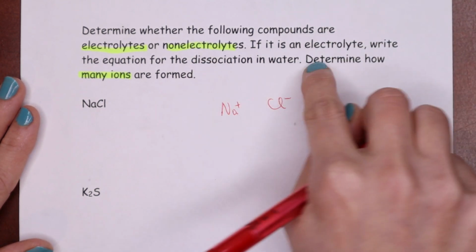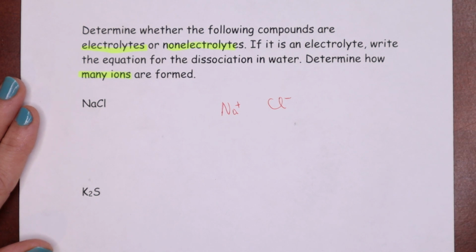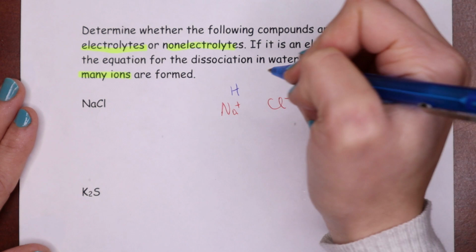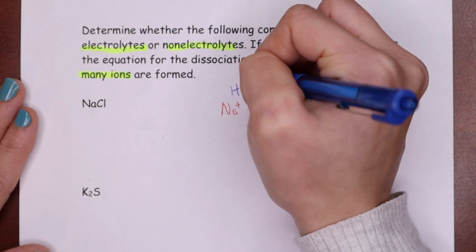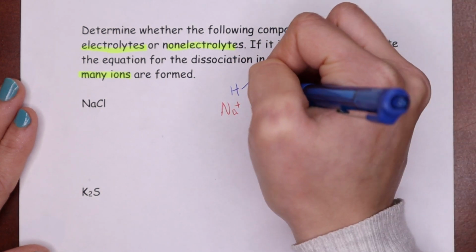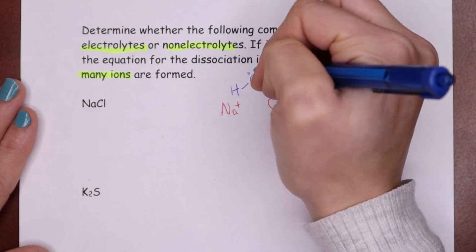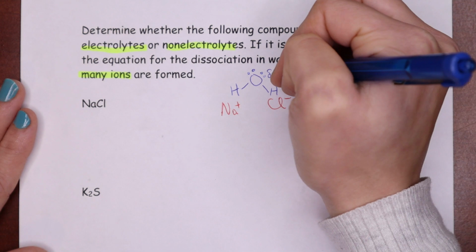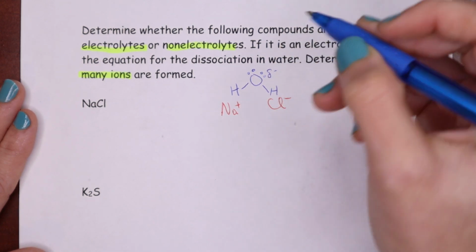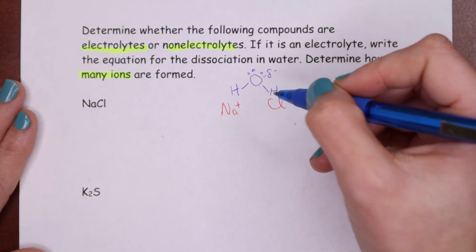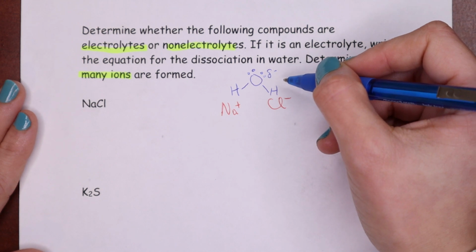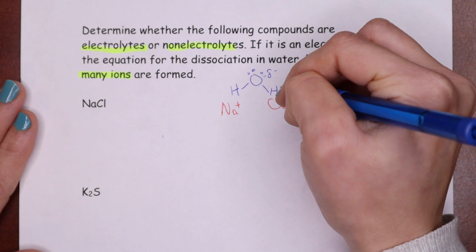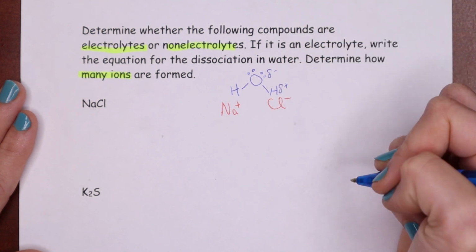And then, why does it dissociate in water? Well, I'm going to go ahead and draw water over here so that that makes more sense. We know that the oxygen has a partially negative sign because oxygen is more electronegative, and therefore we're going to have electrons more attracted to it. And hydrogen is partially positive.